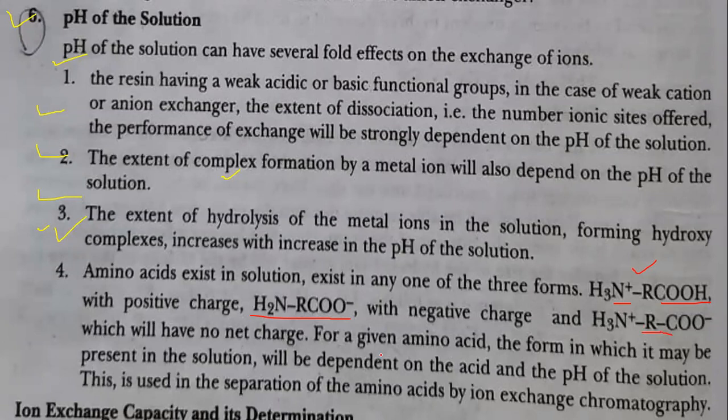So for a given amino acid, the form in which it may be present in the solution will depend upon the acid and the pH of the solution. This is used in the separation of amino acids by ion exchange chromatography.